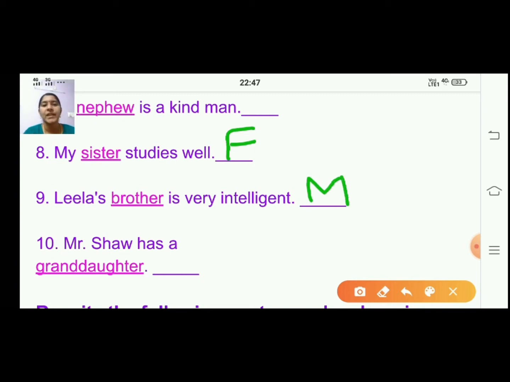Right? Next, 10th one. Mrs. Shaw has a granddaughter. Granddaughter. Daughter, feminine gender. So you will write F here, right? It is feminine gender. So we are writing it as F here.